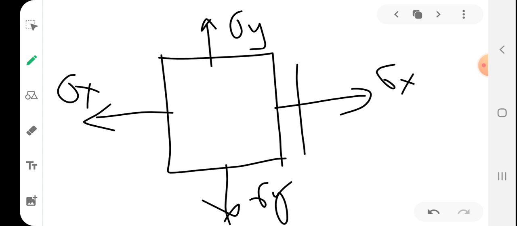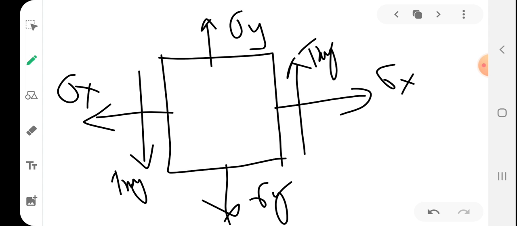This is the shear stress tau xy, on the x plane in the y direction. Similarly, this is on the y plane in the x direction. So this is the state of stress shown in the figure.